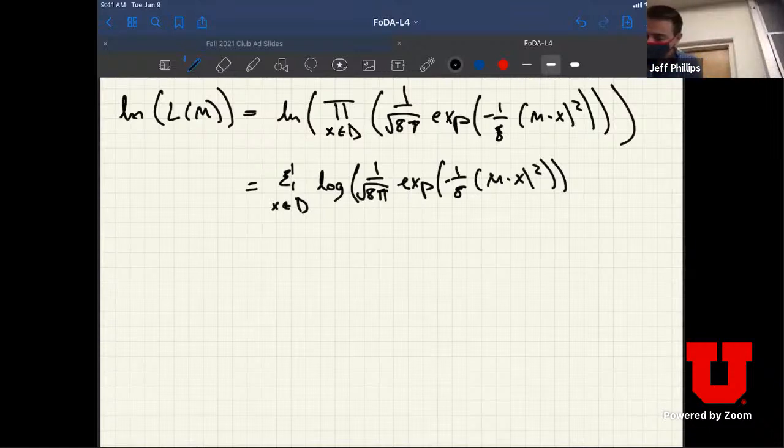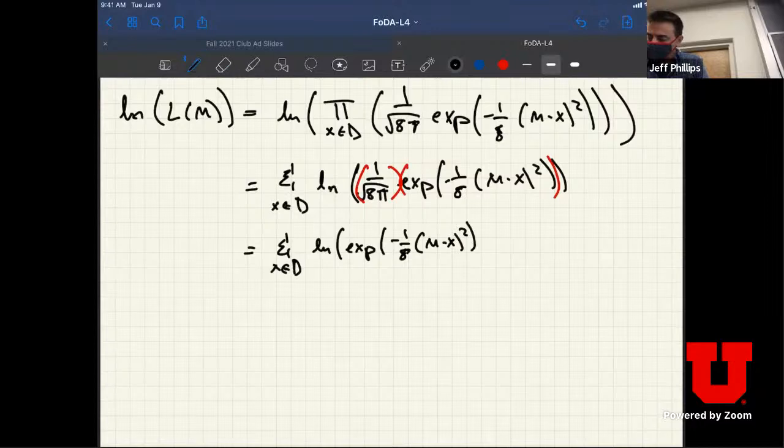It's the natural log, and that will be useful in a second, maybe you can see it coming. There are two parts inside of the log, which is again a product, so let me separate these out. I'm going to move the second expression first: the natural log of exp of negative 1/8 (m minus x) squared.